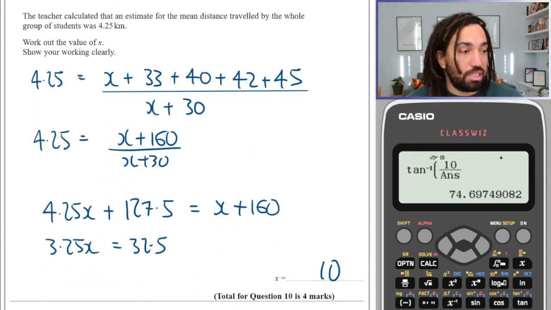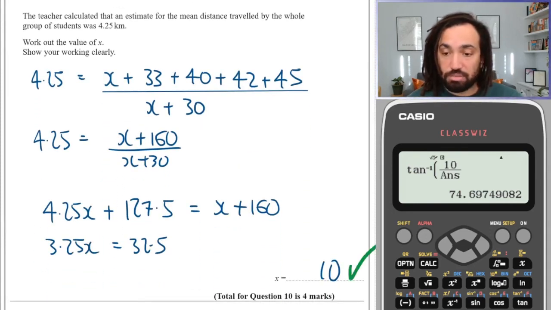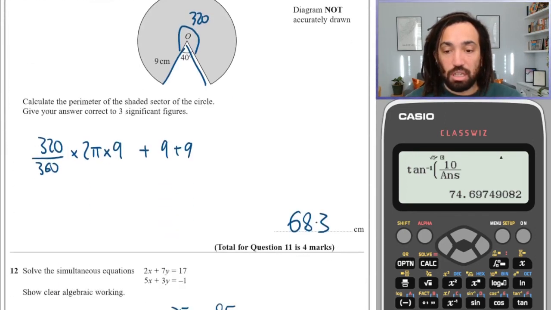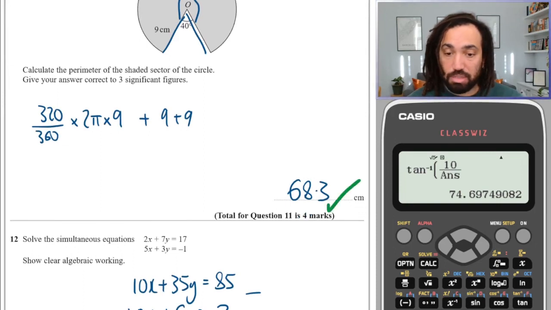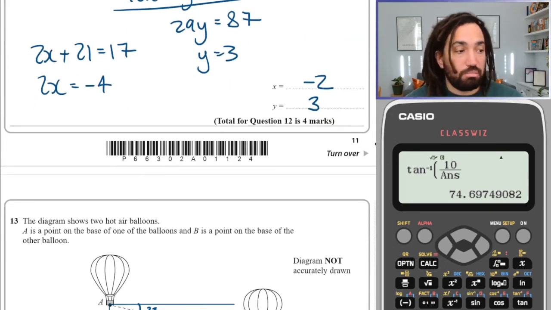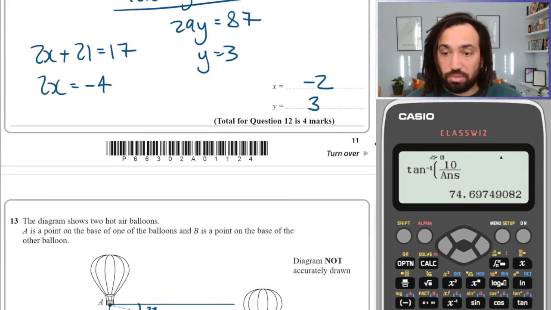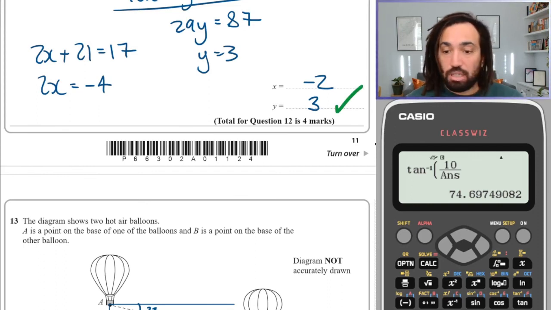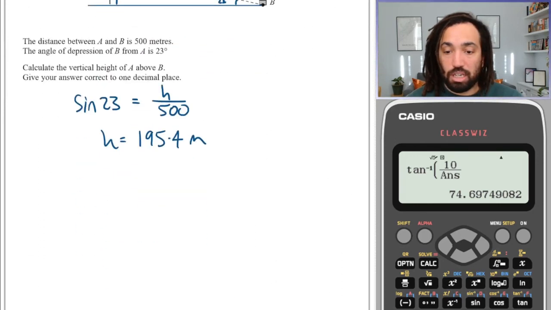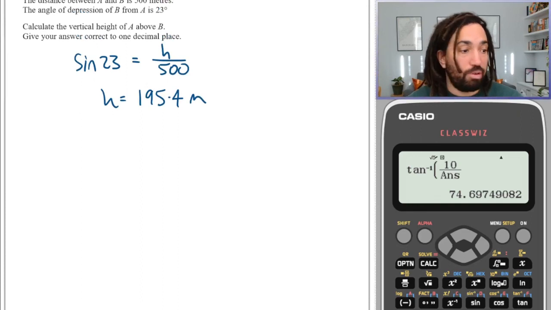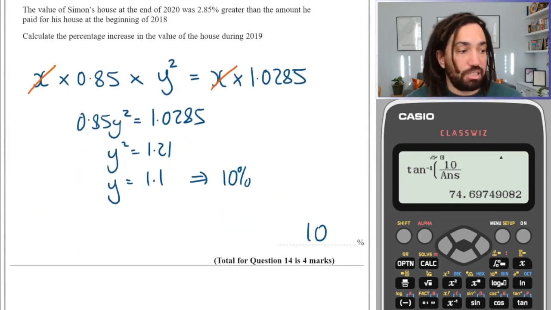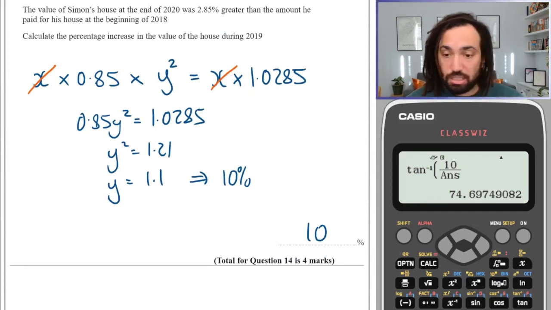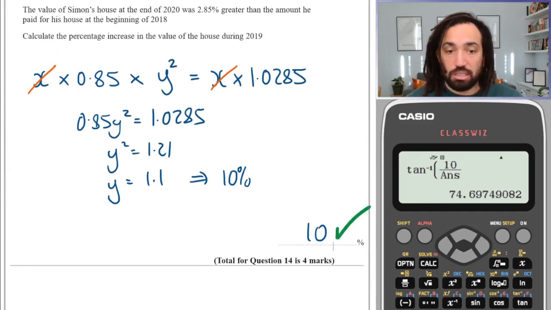This one, is it 10? Yes, it is 10. Lovely. 68.3, yep, that's good. Minus 2 and 3, yep. 195.4, yep. 10%, yes, that's good.